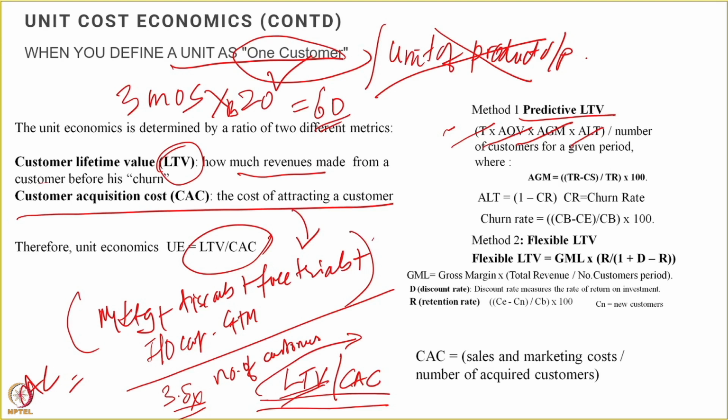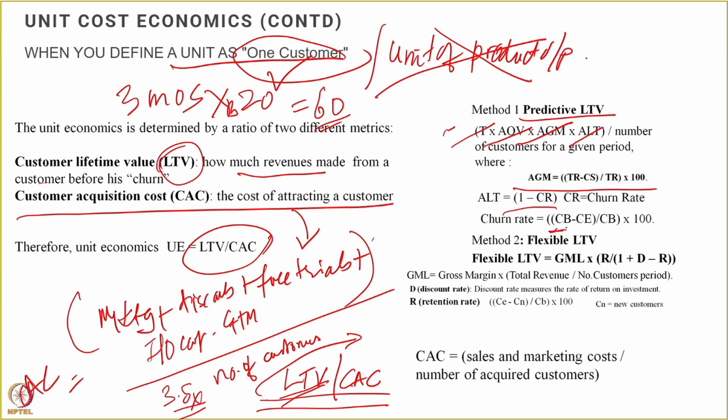All you have to do is look at the number of billable transactions that your customer is going to do through you, multiply that by the average order value of each transaction, multiplied by a figure called the average gross margin, which is the total revenue that you earn from these transactions minus the cost of delivering those transactions, as a percentage of the total revenue that you earn.